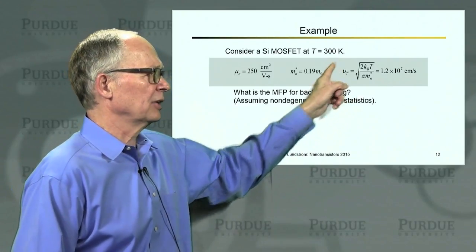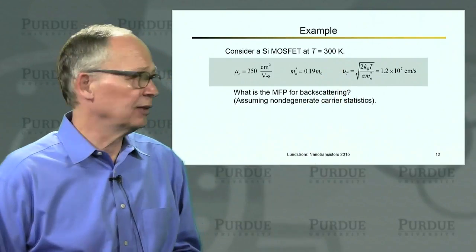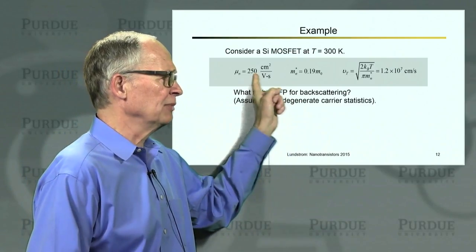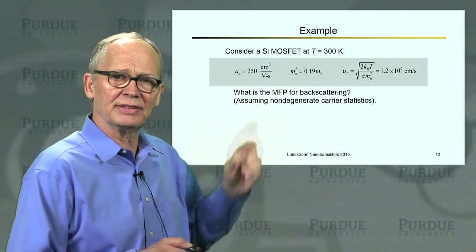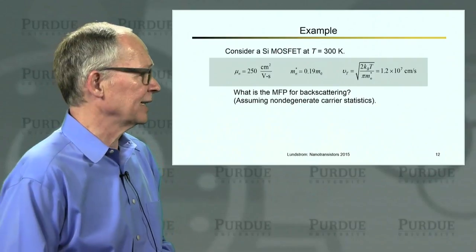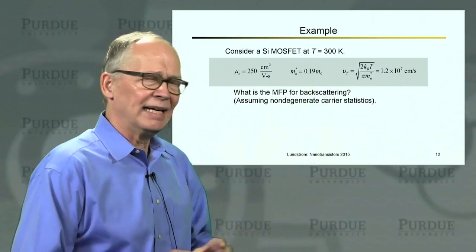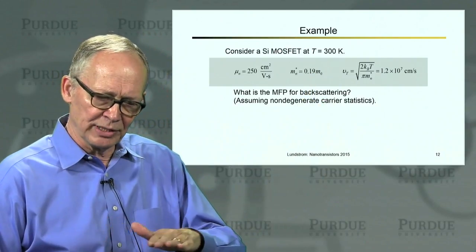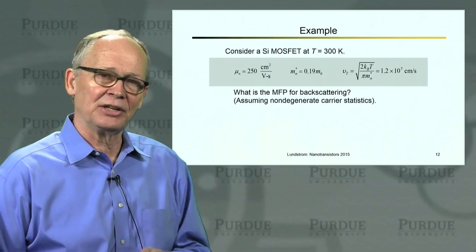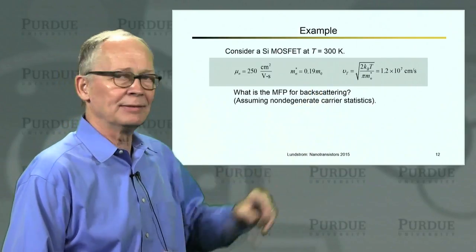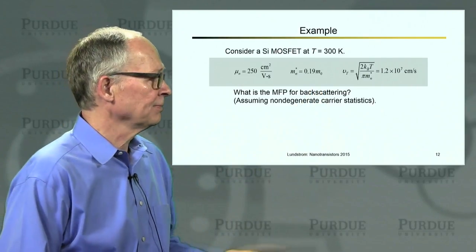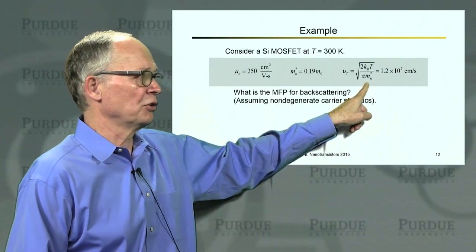Let's consider a silicon N-channel MOSFET at 300 Kelvin. The electron mobility might be about 250 centimeters squared per volt second. The appropriate effective mass to use for electrons in a two-dimensional inversion layer is the transverse effective mass, 0.19 times the electron rest mass. We can compute the unidirectional thermal velocity.